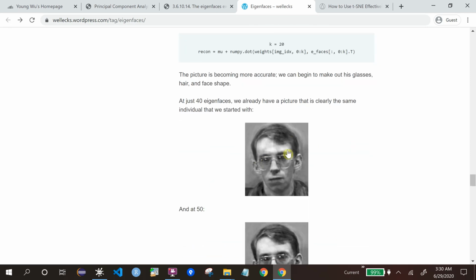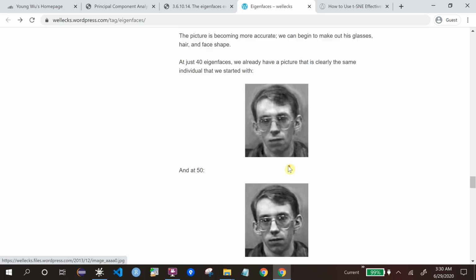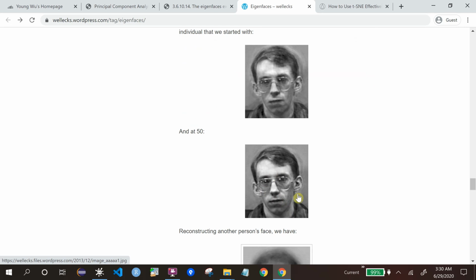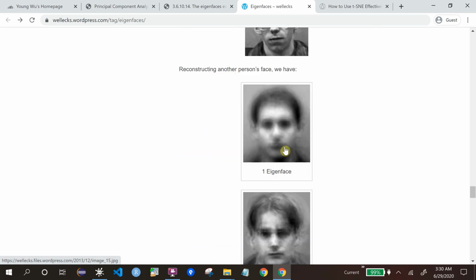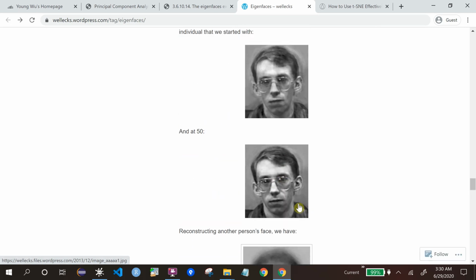If you use 40, then it's a lot better. It actually looks like the original person, right? And if you use 50, it is really, really close to the original image. If you go back and look at the original image, they do look the same. So you only need to remember 50 numbers to remember a person's face. So that's what we mean by eigenfaces.